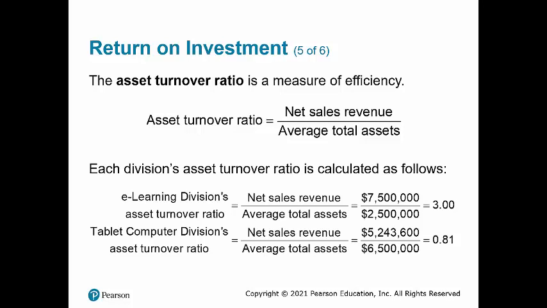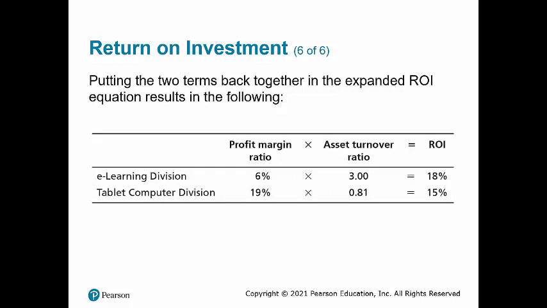The tablet computer division generates only 81 cents of sales with every $1 of average total assets. The e-learning division uses its average total assets much more efficiently in generating sales than the tablet computer division. As you can see, the expanded ROI equation gives management more insight into the division's ROI.